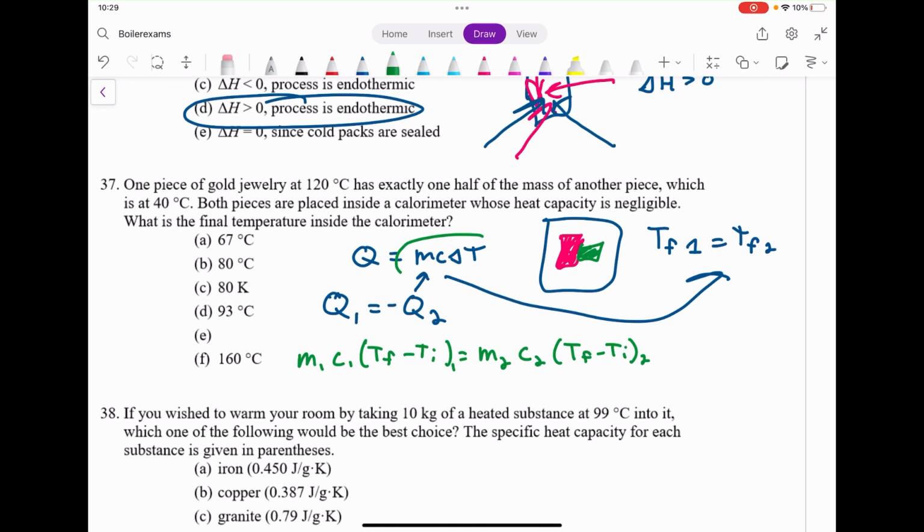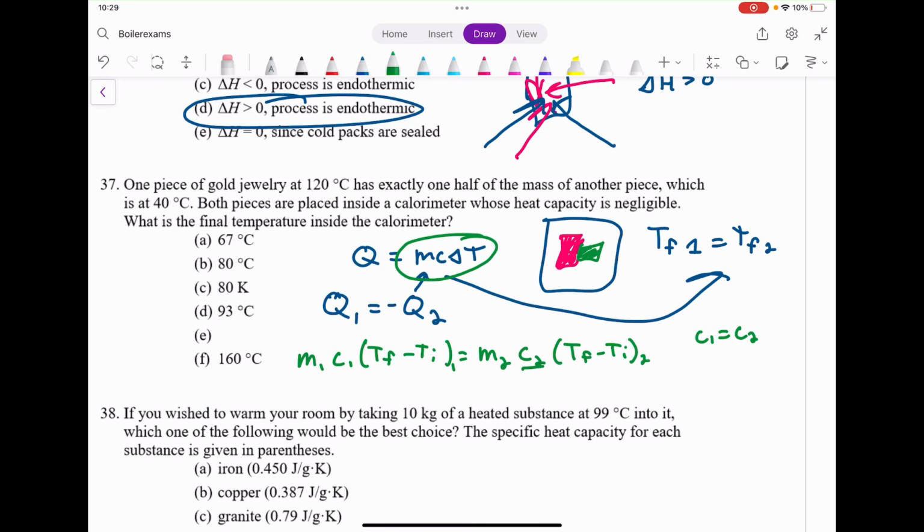So I just wrote both of these out for each one. Now, they are both gold, and specific heat, C, is a property of a material. So C1 is equal to C2, and if you divide that out, those are just going to go away.